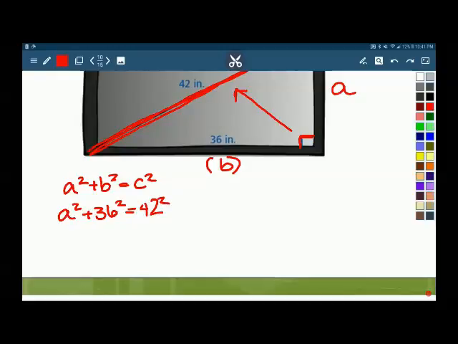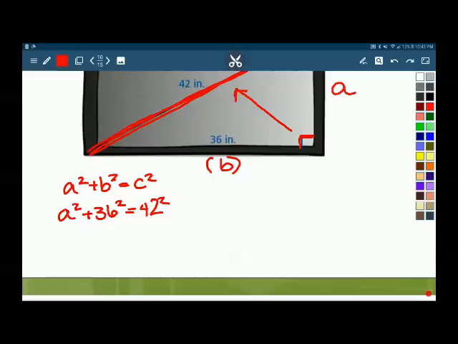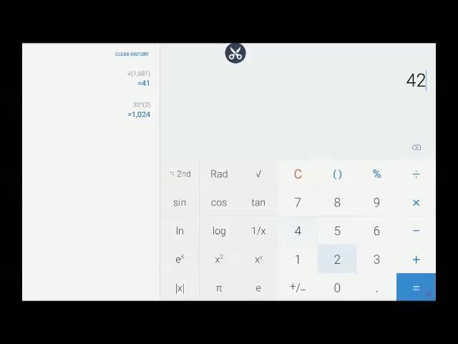Now, I don't know 36 and 42 squared off the top of my head, so I have to go to my calculator. So let's see, 36 squared is 1024. So I've got A squared plus 1024 is equal to 42 squared, which is equal to 1764.